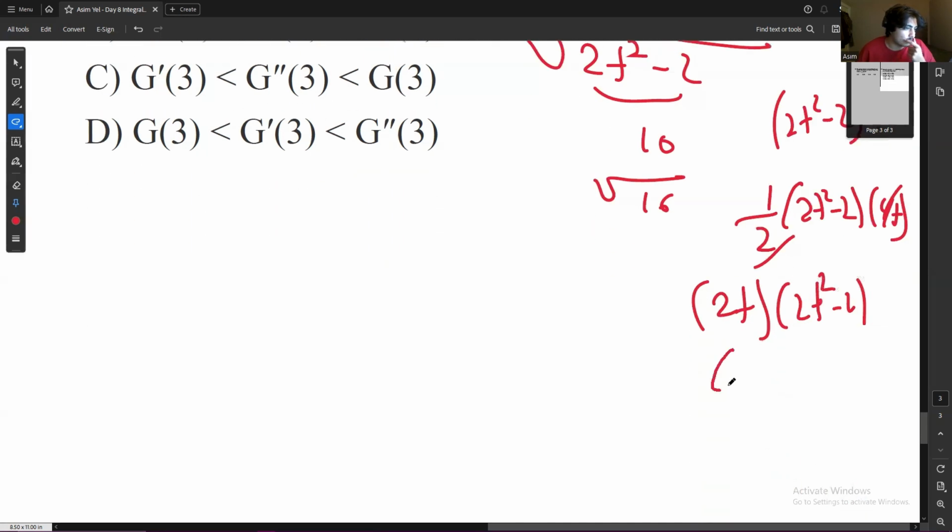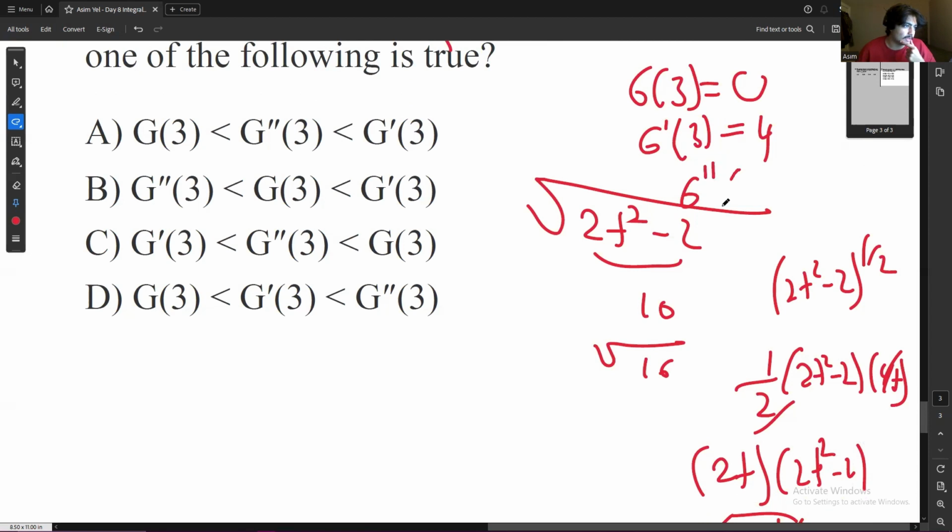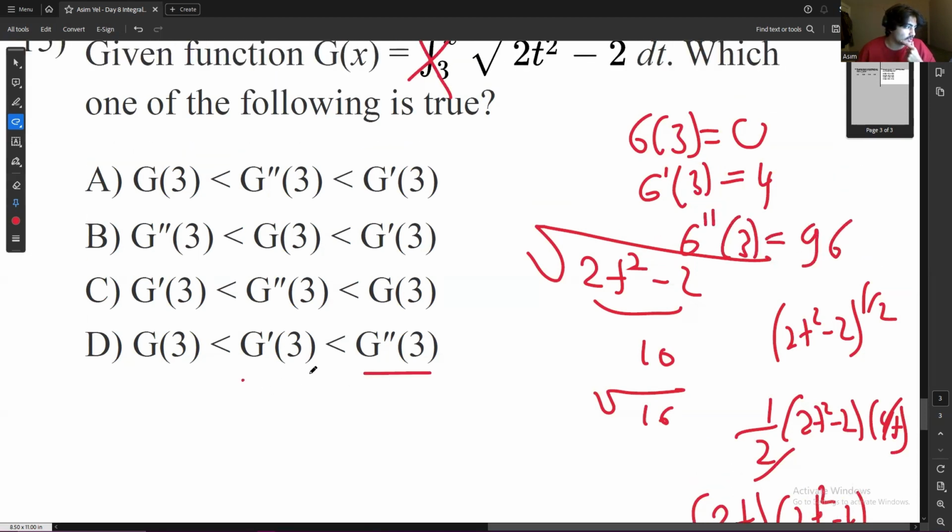If I plug 3 over here, I got 6 times, 3 squared is 9, 9 times 2 is 18, minus 2 is 16, and that's going to give 96. And G double prime ends up being 96. So G double prime is greater, and it looks like answer choice D.